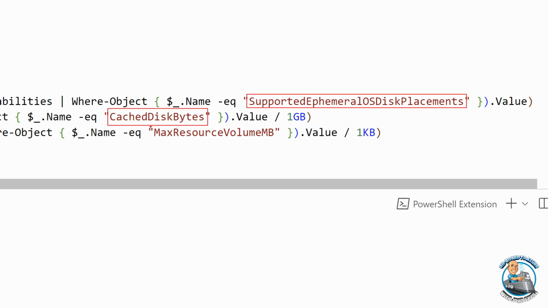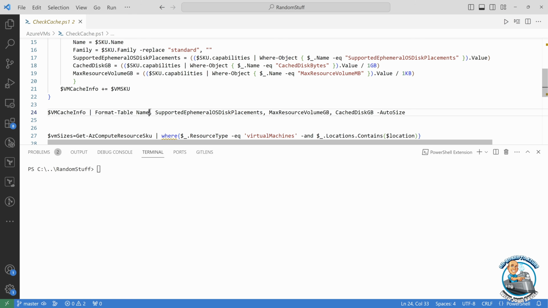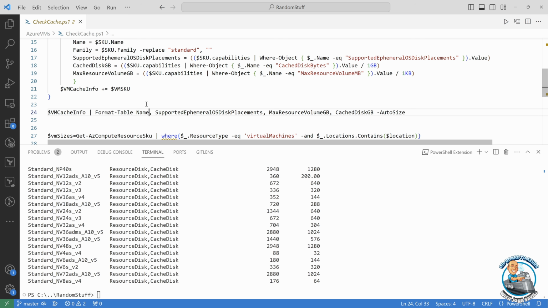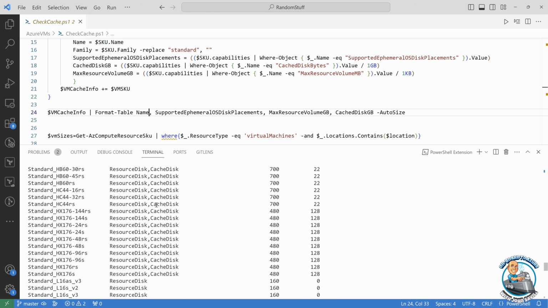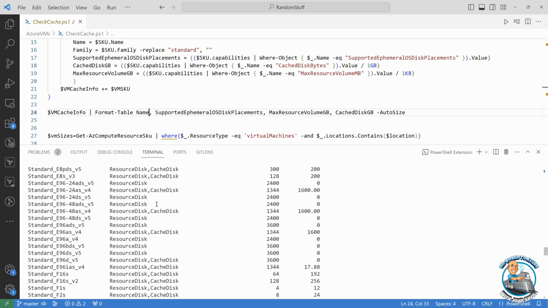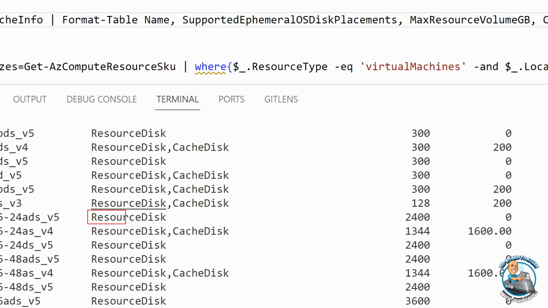It will tell me the amount of cache disk bytes, and it will tell me the max resource volume megabytes, i.e. that temporary disk size. And so I've run this already, and if I just dump this out, it shows me for all the different SKUs, hey, where does it support running that ephemeral disk? So you notice some of them is only the temp disk, the resource disk. Some of them, it could be the temp disk or the cache disk.